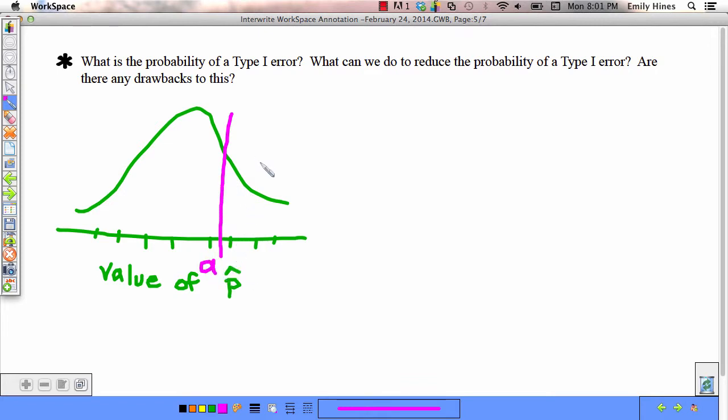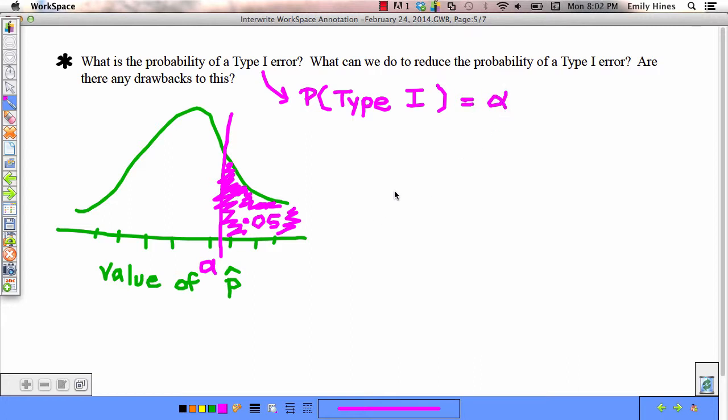And alpha typically could be set to 0.05, which means that all of this in here is 5% of the possible p-hats. So if our values are in the top 5% or the bottom 5%, depending on the direction, then that's our probability. So our probability of a type 1 error, because if I'm wrong, I still have a 5% chance of picking one of those values, is the value of alpha. The probability that a type 1 error is going to occur is whatever your alpha value is.